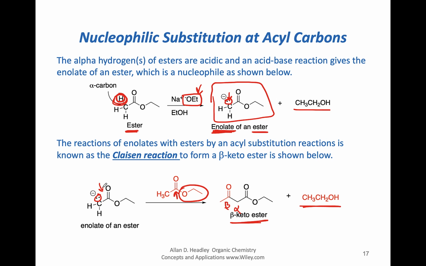So here's the nucleophile. This nucleophile can react with an ester to produce a new molecule called a beta keto ester. This type of reaction was discovered by Claisen and is now known as the Claisen reaction. That's the Claisen reaction.